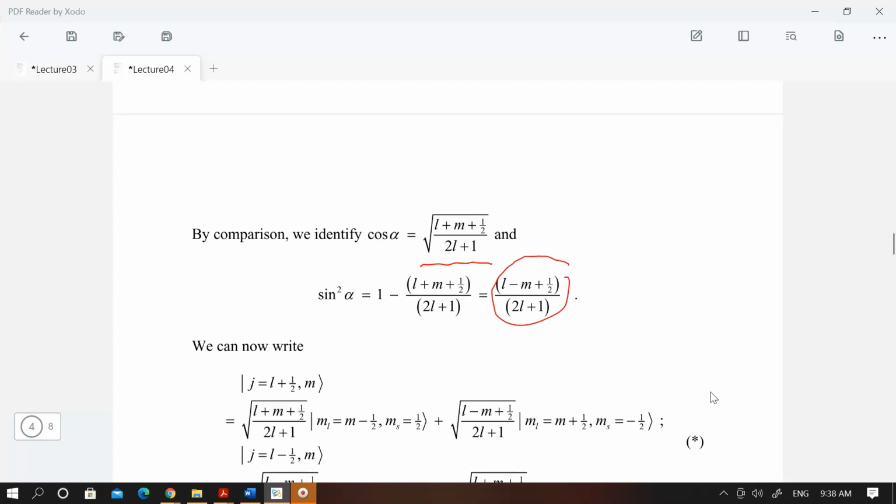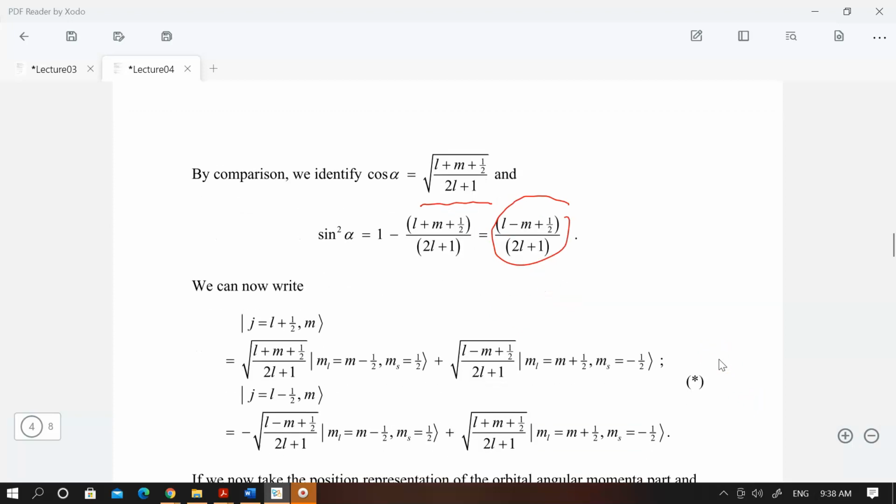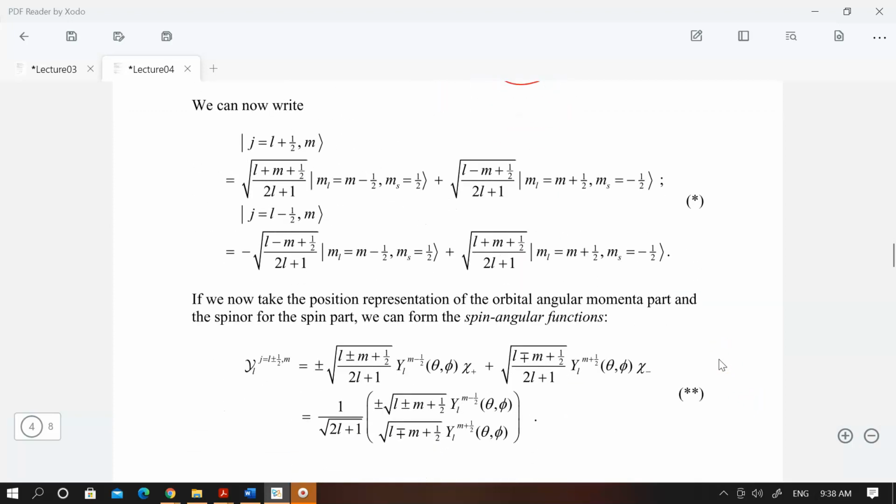So your sin alpha will just be the square root of that. Okay. So finally, we get the full thing. So this is your cos alpha, this is your sin alpha, this is your minus sin alpha, and this is your cos alpha.